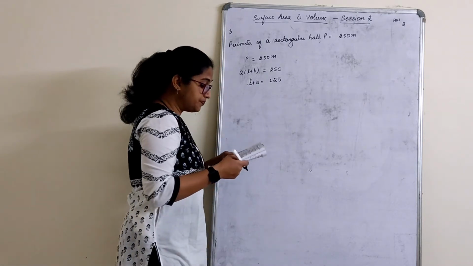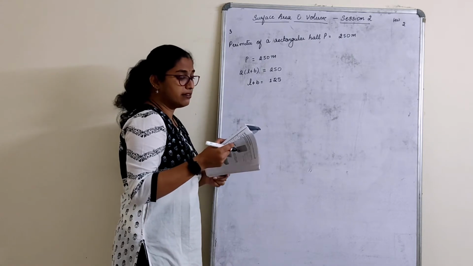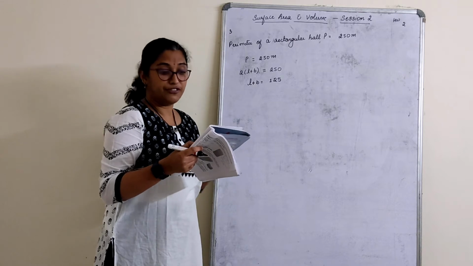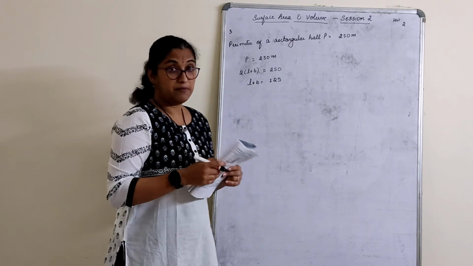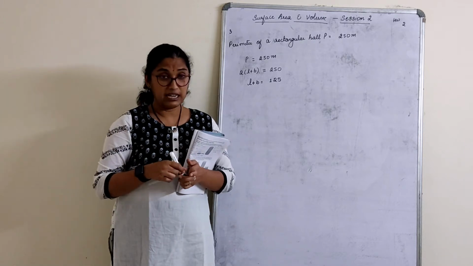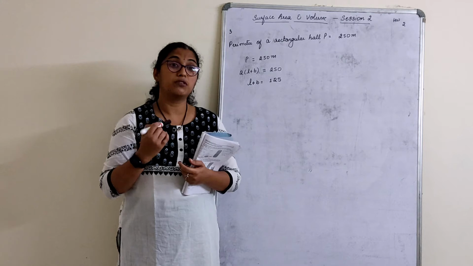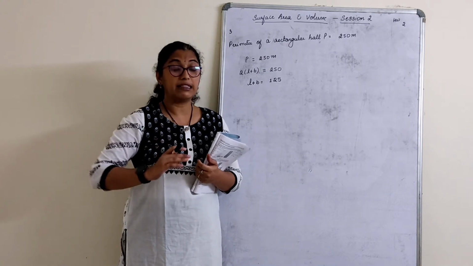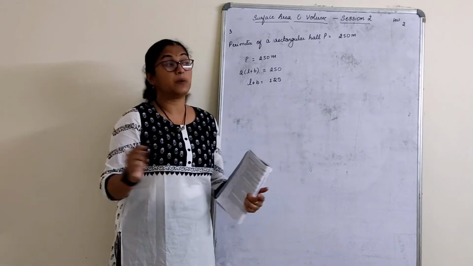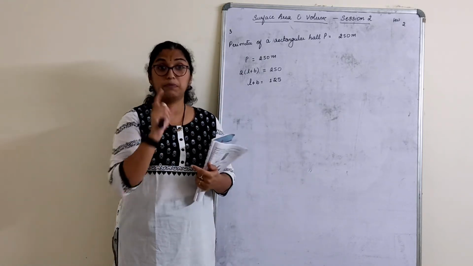Read the further question. If the cost of painting the four walls at the rate of 10 rupees per meter square is 15,000. Now for example, I have a room. I'll call the painter and tell him that you have to paint the room. What he will quote the charge is, he will not tell me square meter; he will say I will charge you 10 rupees per meter square.